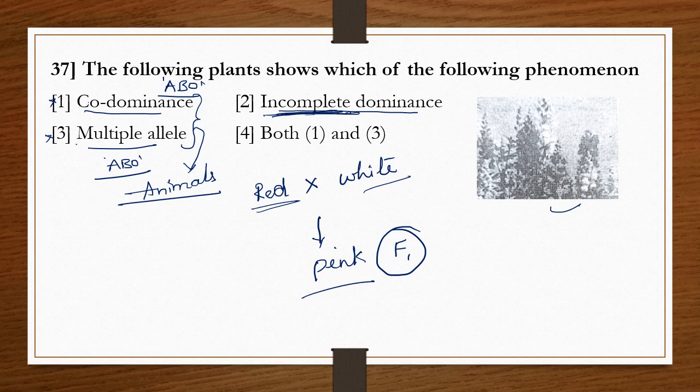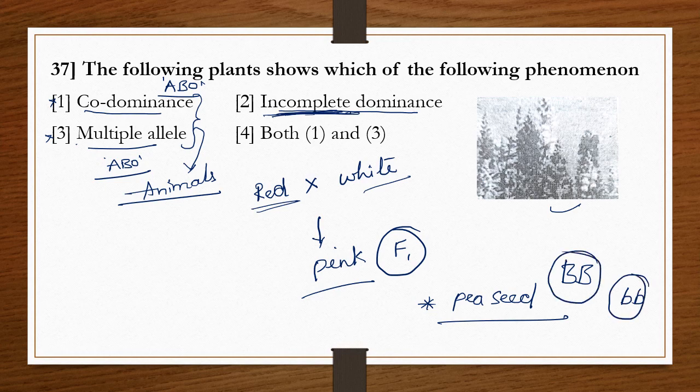Another example you can remember is pea seed size, based on starch synthesis. We have capital B and small b. Capital B is dominant; those who prepare more starch are large in size and round. Small b synthesizes less starch, and the seeds are small and wrinkled.